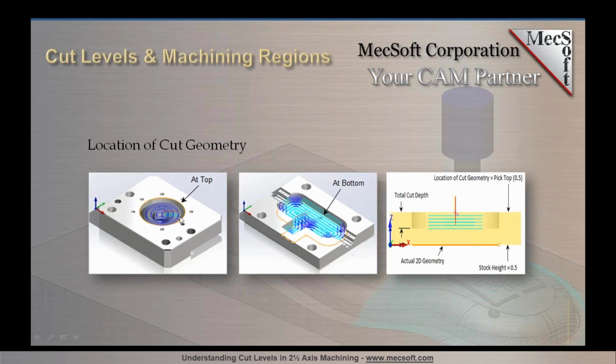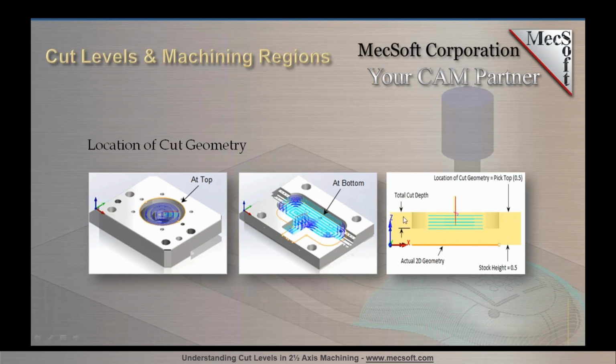On the second picture, you've selected geometry at the bottom of this particular pocket, and you've specified a depth of cut. So basically what you're defining here is whether the geometry is at the top or at the bottom. And there may be situations where you're not able to define the geometry either at the top or the bottom. You just have the 2D geometry on the last picture, which is sitting at 0 on the XY plane, and let's say you have a stock height of 1/2 inch.